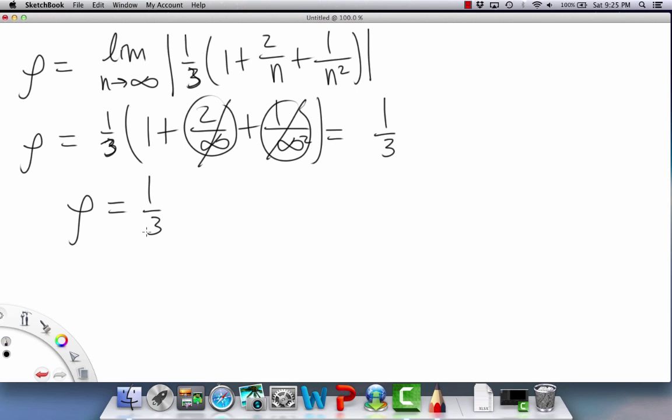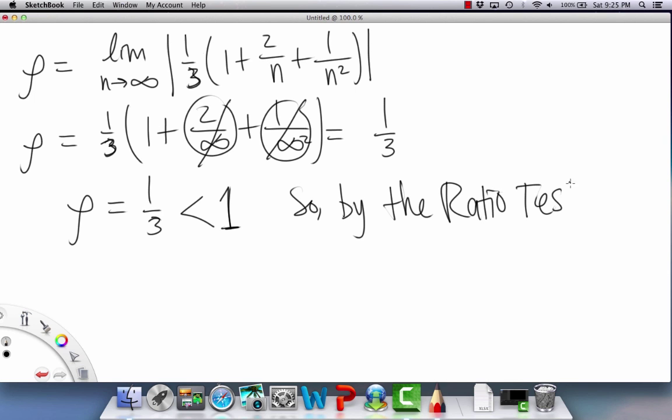Rho equals 1/3, which is less than 1, right? So by the ratio test, we can conclude that the given series converges.